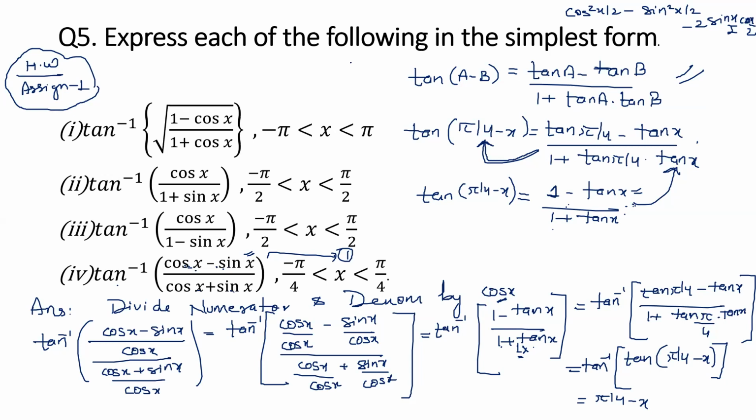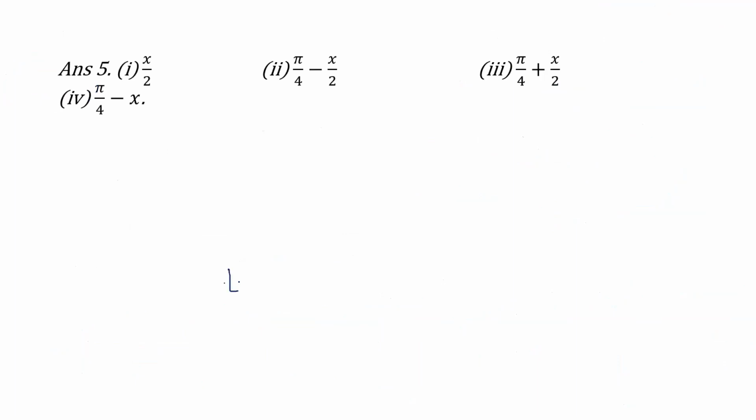So the formula for tan A minus tan B by 1 plus tan A tan B is tan pi minus x. Sorry, Abdul, will you repeat? So for tan pi by 4 minus x, the formula is tan A minus tan B by 1 plus tan A tan B. I'm sorry, I did not understand your question.